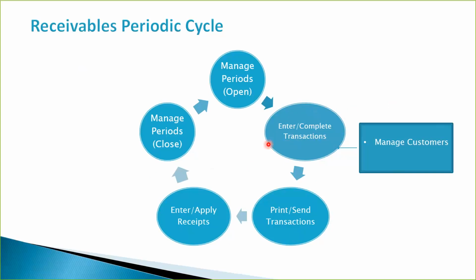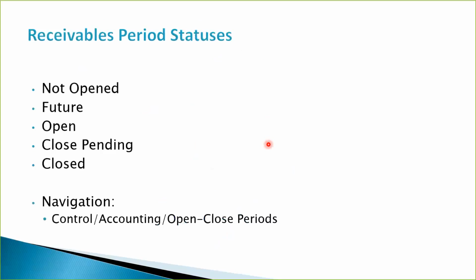So apart from that, we then have the period statuses for receivables, and we have 5 of them. We have not opened, so pretty self-explanatory. You can't enter transactions here.